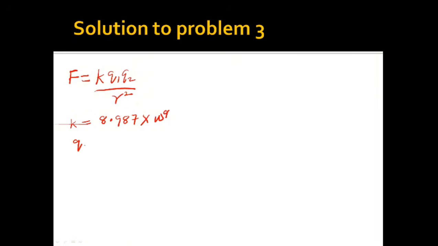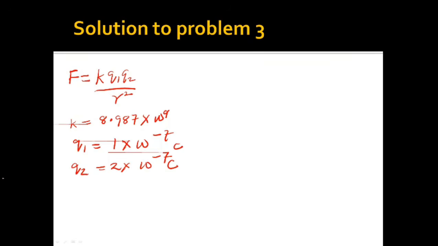Now, what is the value of Q1 given to us? They gave us Q1 as 1 times 10 raised to power minus 7 in coulombs. Then they gave us Q2 as 2 times 10 raised to power minus 7 coulombs.